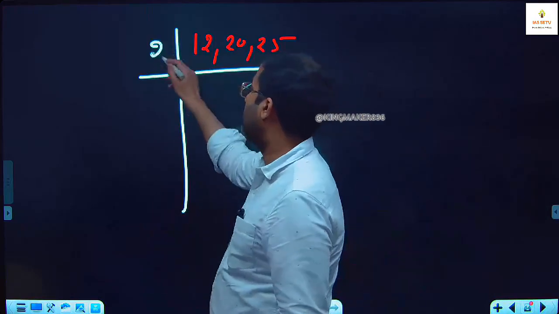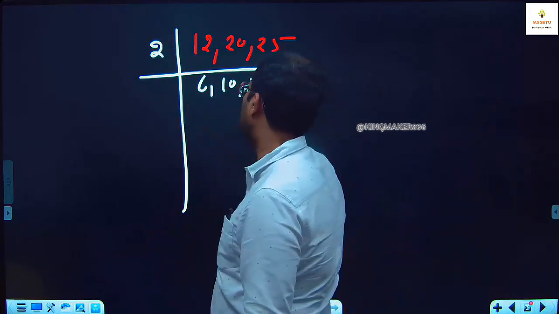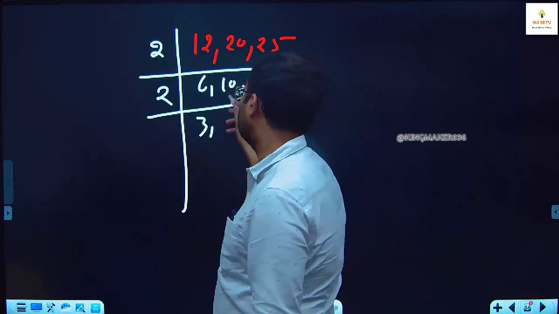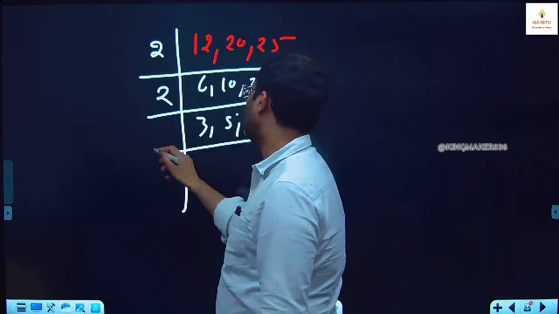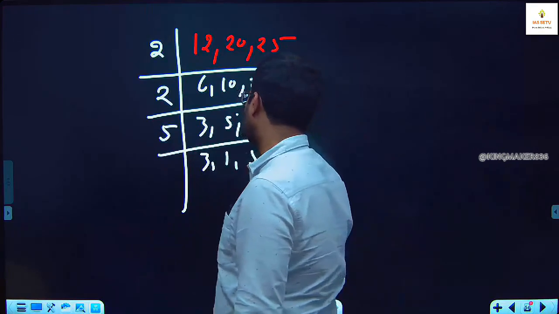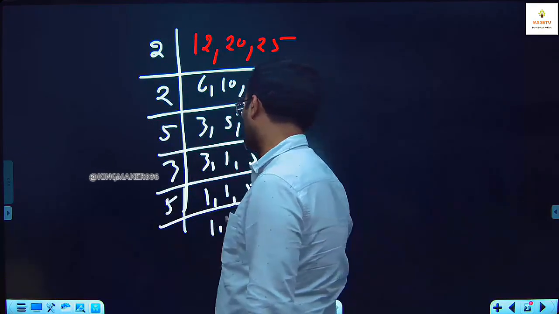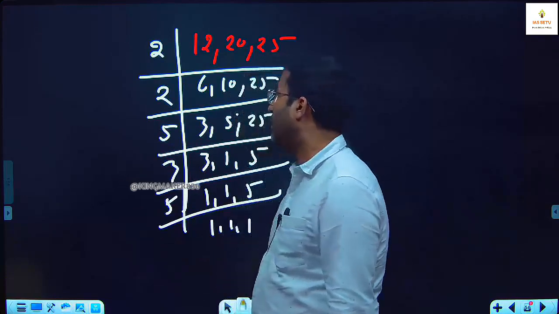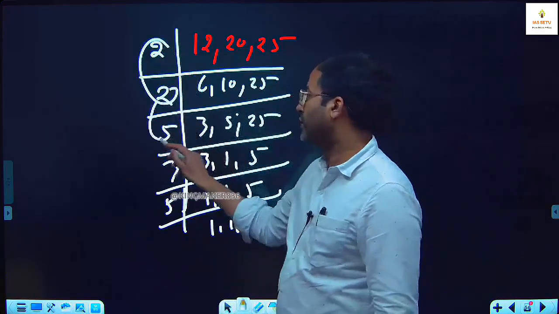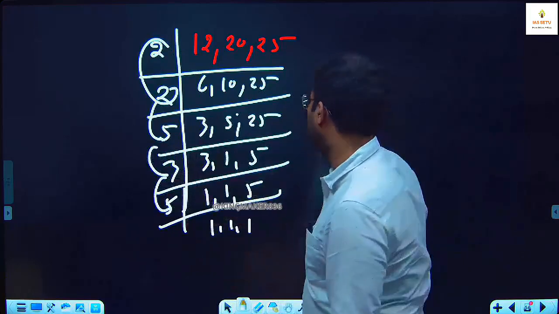You take 2 common: 6, 10, 25. Further take 2 common: 3, 5, 25. Take 5 common: 3, 1, 5. Take 3 common: 1, 1, 5. Take 5 common: 1, 1, 1. This is 4 into 5, 20 into 5, 60 into 5, 300.